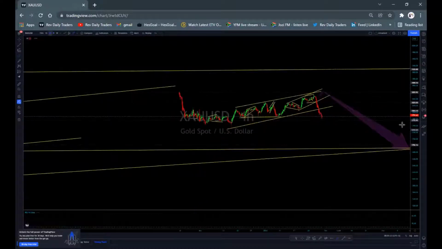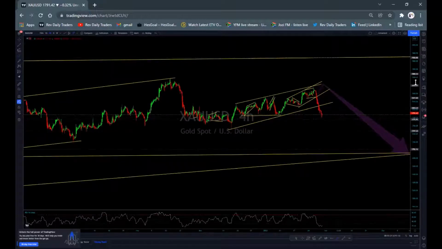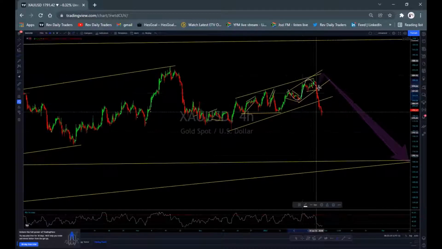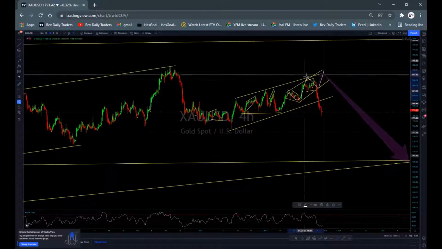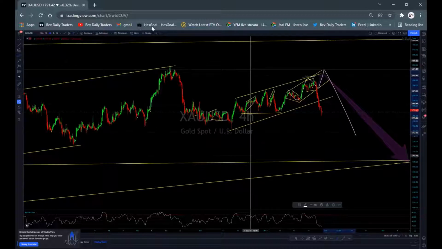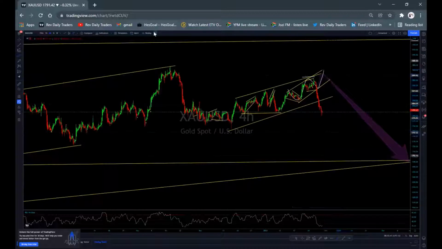Then right on lower time frame, here we were expecting a running flag, small running flag to make a new roof here, then a drop. So the market tends to drop after getting this new roof here.